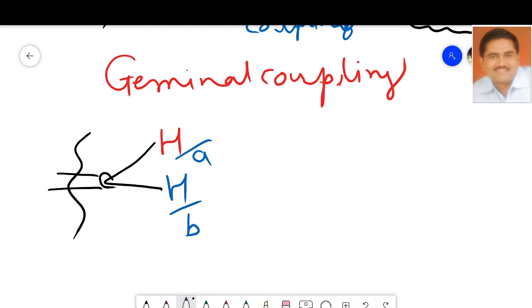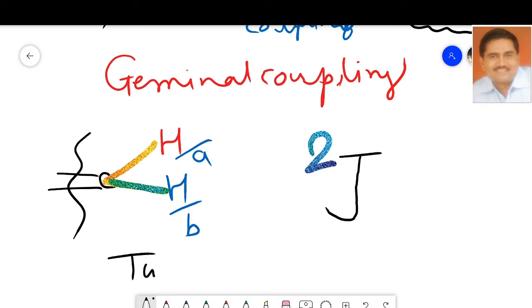And for geminal coupling, again we use the notation J, and these two protons are two bonds away. That's why it is called 2J, or it is also called 2 bond coupling.